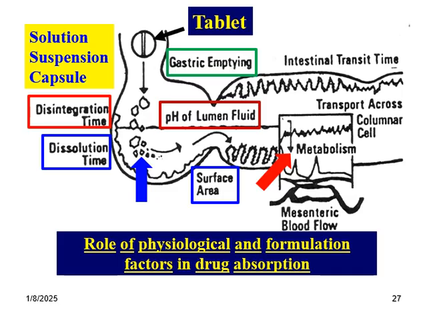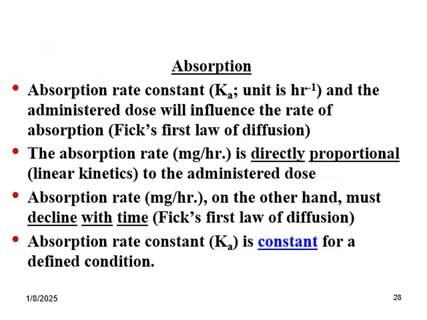We mentioned the absorption rate constant, right? The unit is the reciprocal of hour, hour to the -1. And we use Ka. A means absorption, K means rate constant, okay? Besides the absorption rate constant, even the administered dose will influence the rate of absorption.